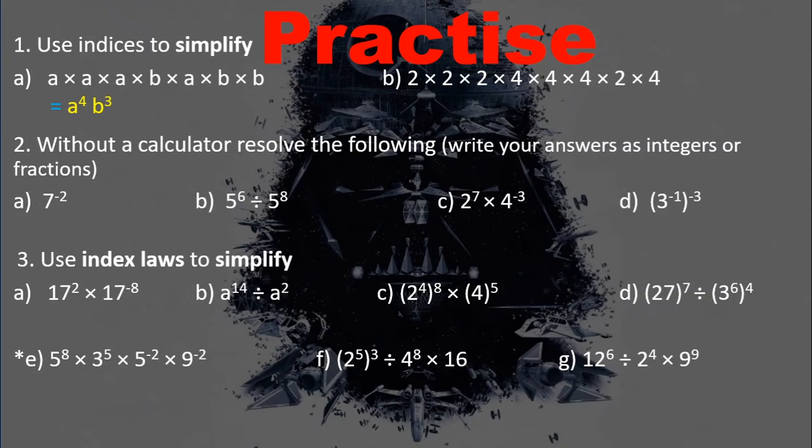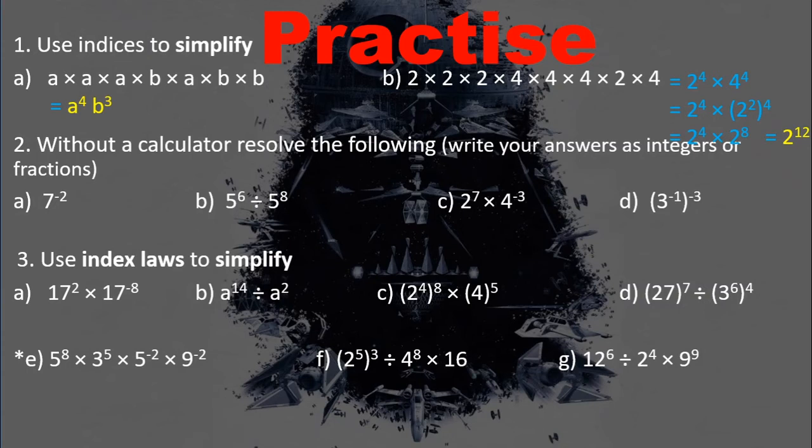For question B, you should see that there are 4 2's multiplied together and 4 4's multiplied together. Some of you may have left it like this, while others may have taken this a step further, realizing that 4 is the same thing as 2 squared. So that would be 2 to the power of 4 times 2 to the power of 8, which is 2 to the power of 12 altogether.